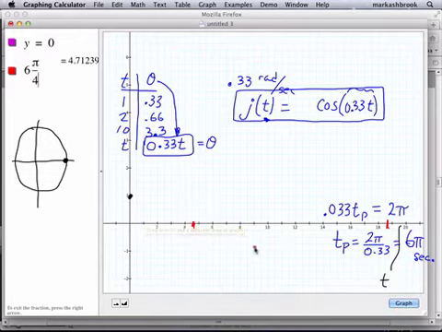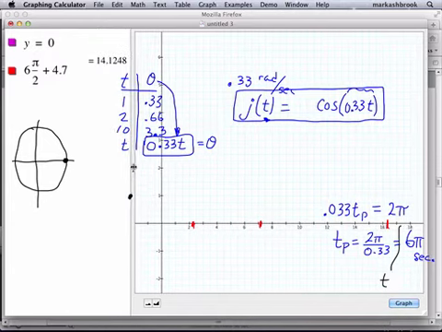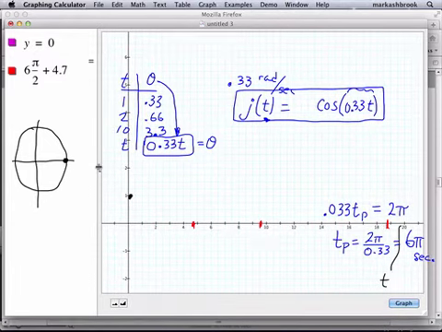Okay, and then halfway is going to be 2 of those, 9.4. Okay, and then we'll add another 4.7, 14.1.